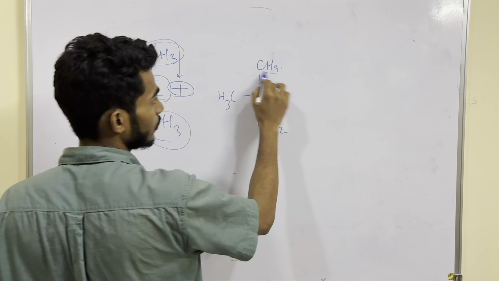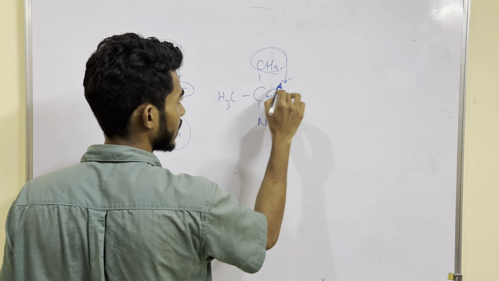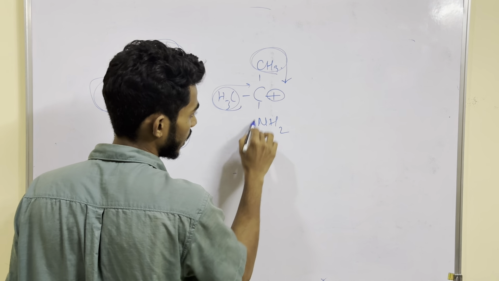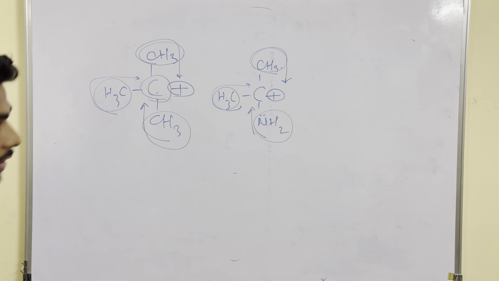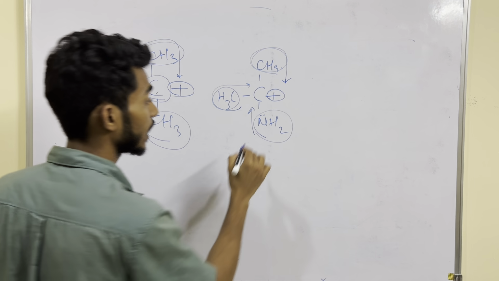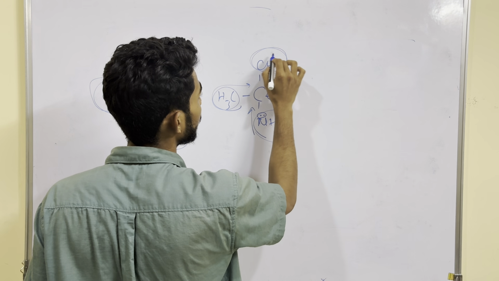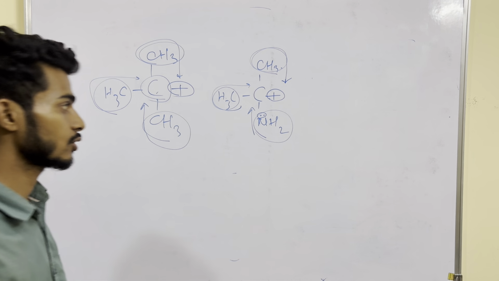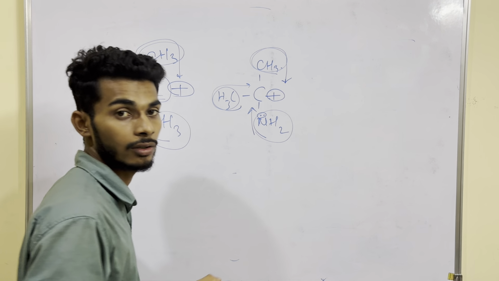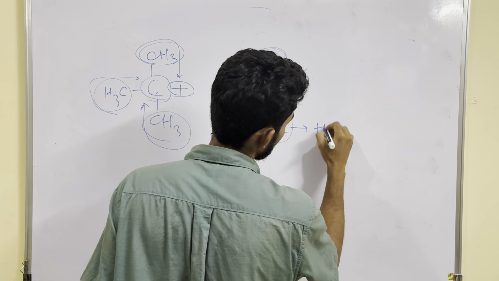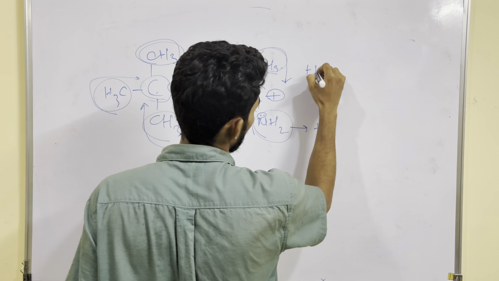But here you will see two CH3 will show plus I effect, but one NH2 is there. And this NH2 will give the electron directly. The CH3 groups will increase the electron density, but this NH2 will donate the electron. So ultimately it will increase the electron density. It will show plus M effect and it will show plus I effect.